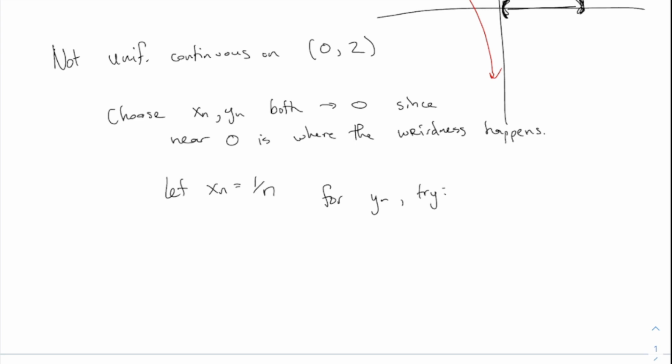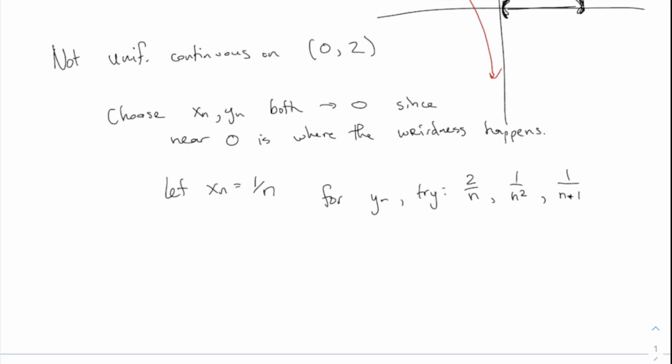I would suggest you could try something like 2 over n. That sometimes works. Or you could try something like 1 over n squared. Sometimes that will work. Or you could try something like 1 over n plus 1. These are all of my big ideas. So if I were trying to do a problem like this, I would try one of those and just see what happens when you plug that in for yn.